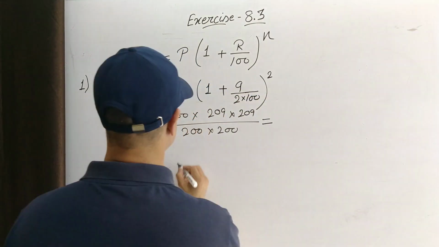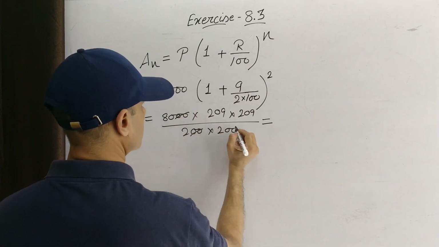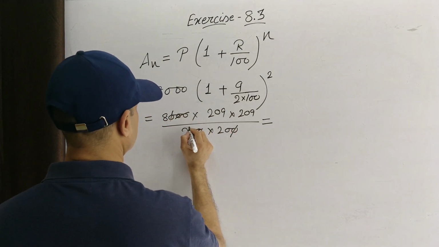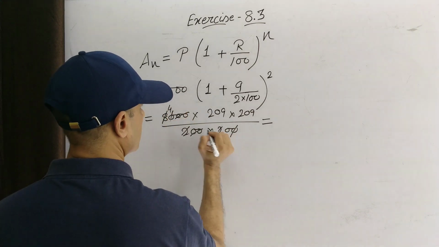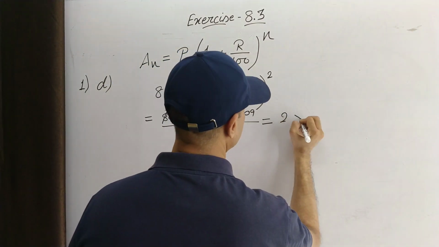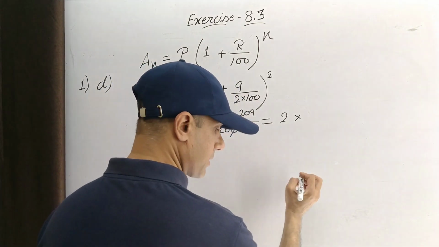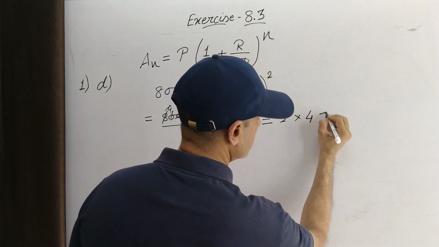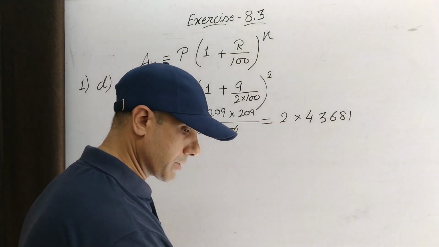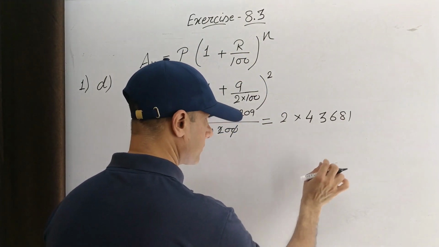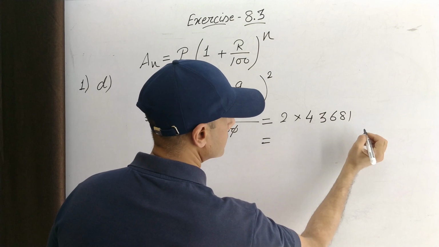So this reduces to 2 into 209 square. I've already calculated that. It comes to be 43,681. This is 209 square. And multiply this.